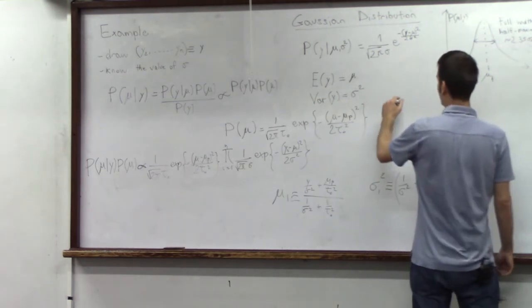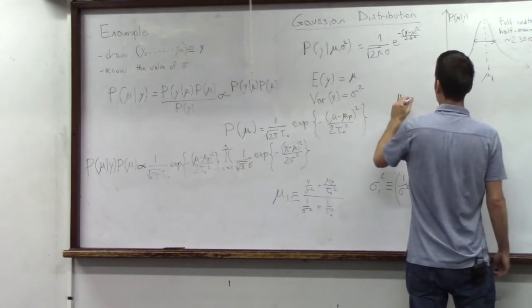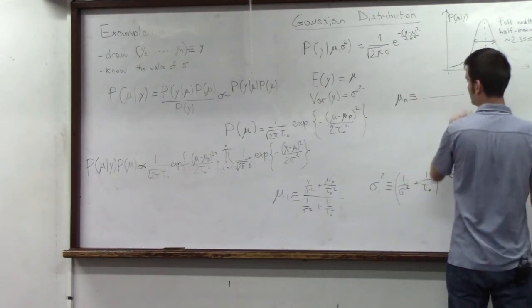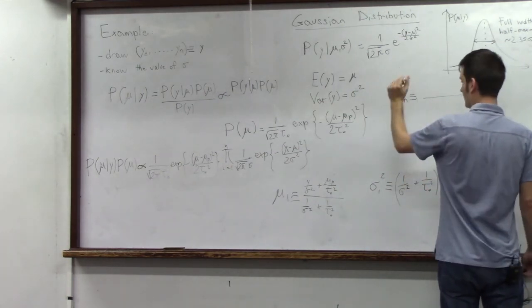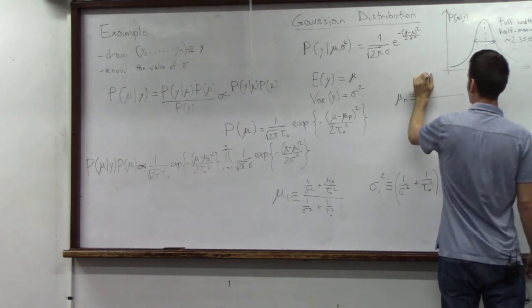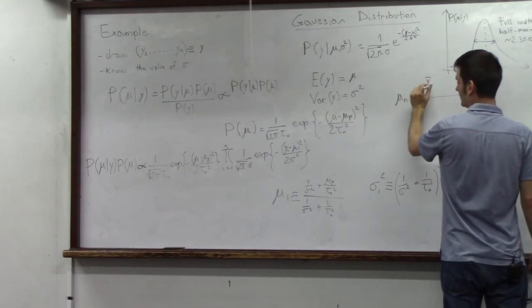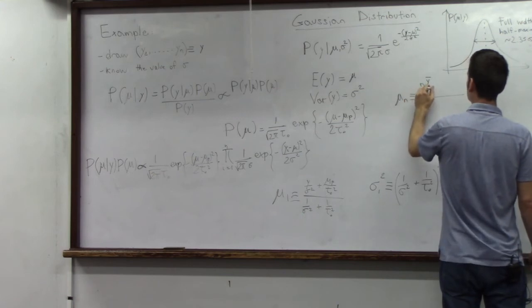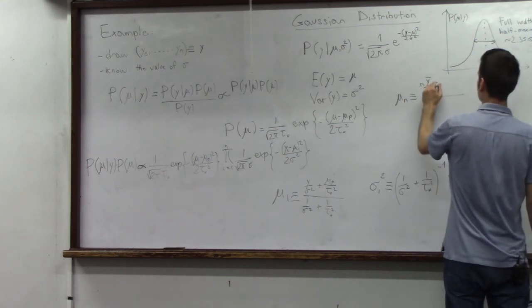But what matters to us is that the mean of this product of Gaussians is this.